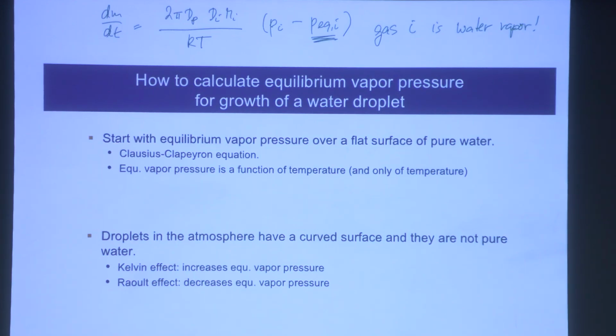Okay, and so for equilibrium vapor pressure, there are several steps to how we should think of this. The first thing would be to think about equilibrium vapor pressure over a flat surface of pure water, right? So think about going away from our droplets. We have a little bucket, a little container with water.